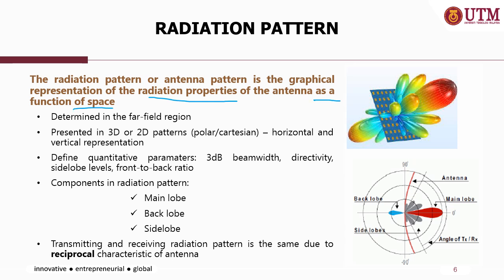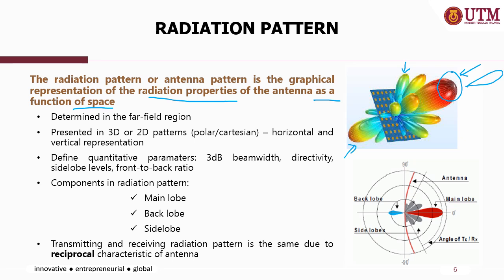This is the graphical representation of the antenna radiation pattern, in which we may see the maximum radiation towards the intended direction. In this case, the maximum radiation is presented by the red color pointing upward. And there are additional components in the radiation pattern, which are the side lobes or minor lobes, and also the back lobe.